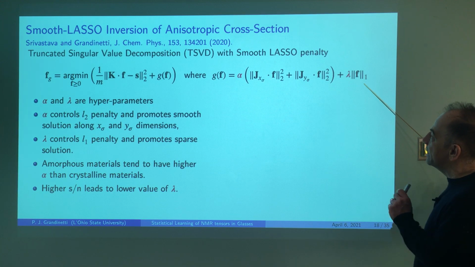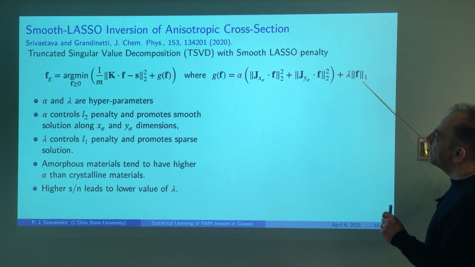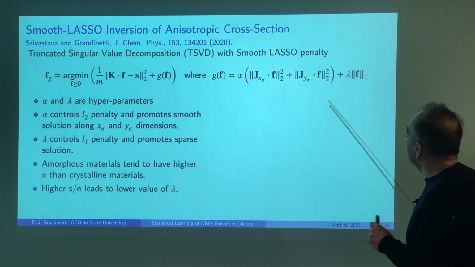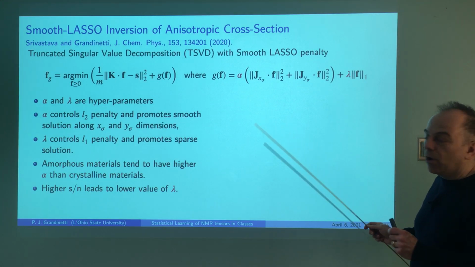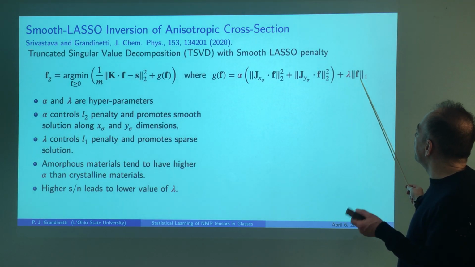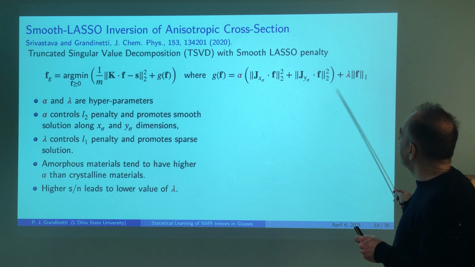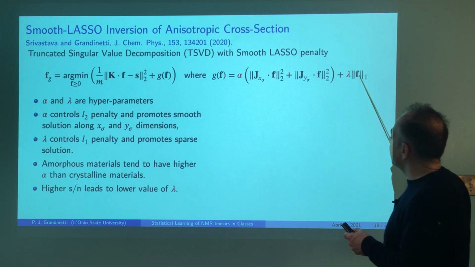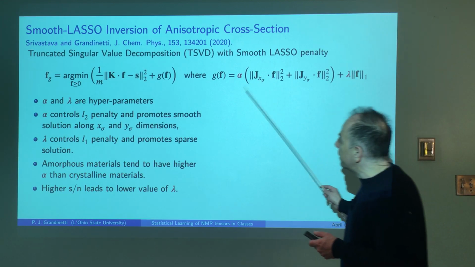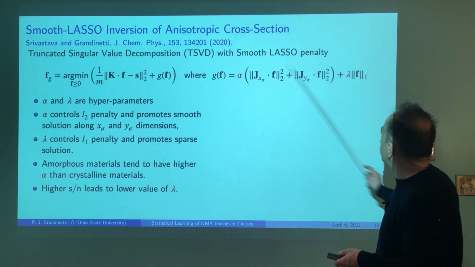Now, I'm not going to get into the details of how we arrived at this, but there's a really nice talk by DePonch at the Global NMR discussion meeting. There's a YouTube video that you can find, and he describes a lot more details about what's going on here. But let's just leave it at the fact that there's two terms here.